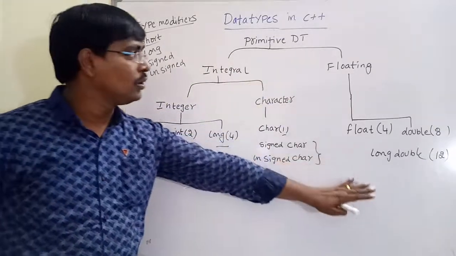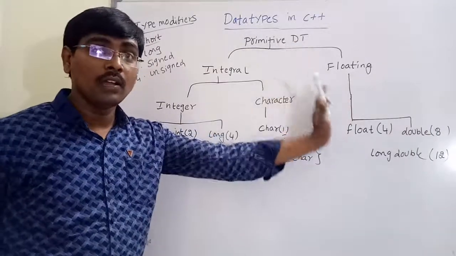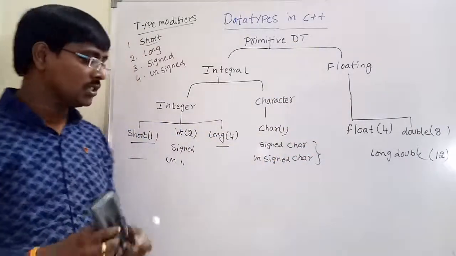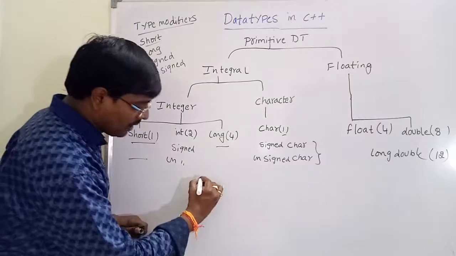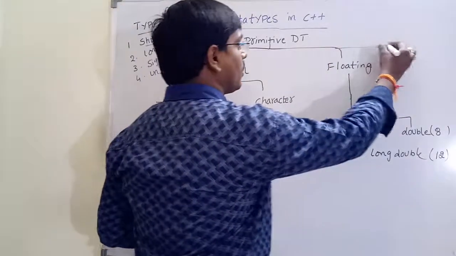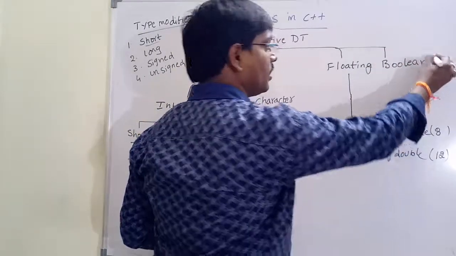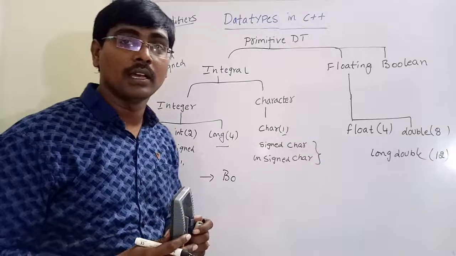These are the primitive data types available in C++. Along with this, we have one more data type, that is Boolean.